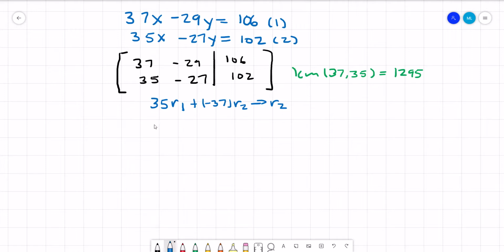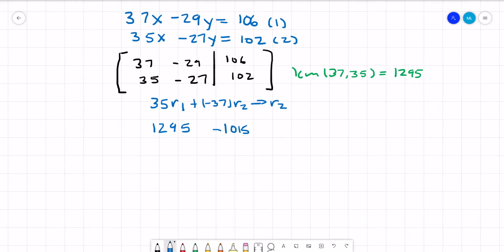So we're going to take 35 times 37, which we already know is 1295, but we're also going to multiply negative 29 by 35, which gives us minus 1015.